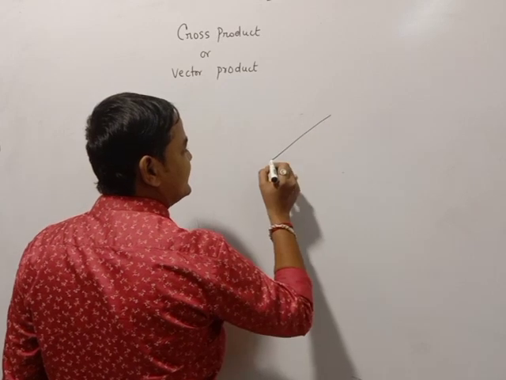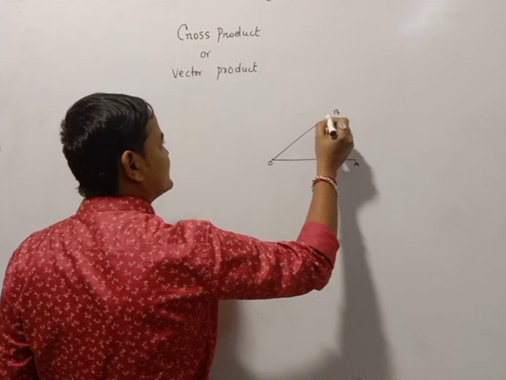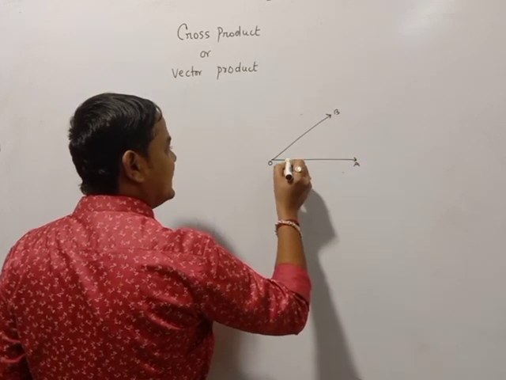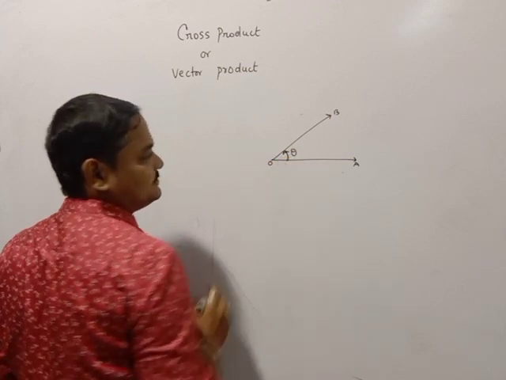If you take any two vectors, like this is O, A, B, in the direction of OB and OA, and here the direction is very important, theta.